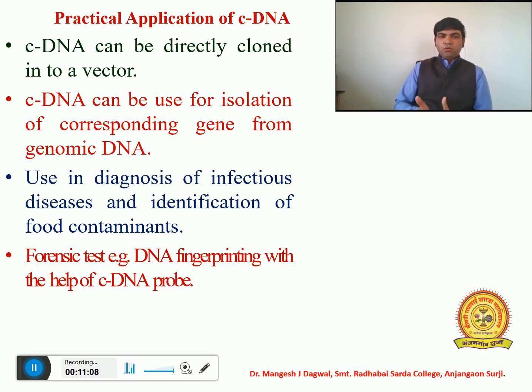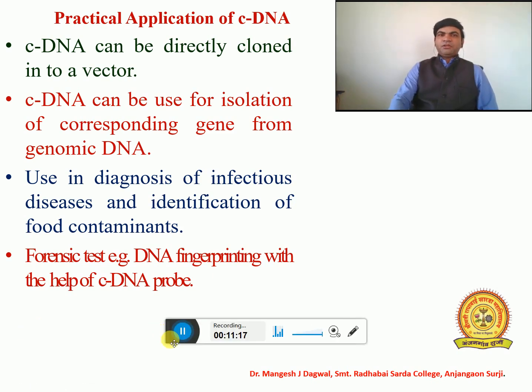And this is also used in forensic tests, for example, in DNA fingerprinting with the help of the complementary DNA. So these are the practical applications of the complementary DNA or the cDNA library. The most important thing, this cDNA has the very special feature in which it lacks the introns. So this is all about the complementary DNA and the cDNA library.